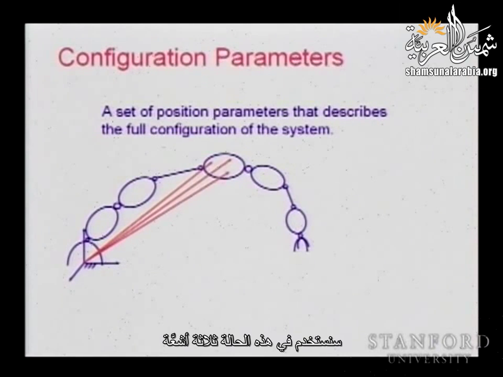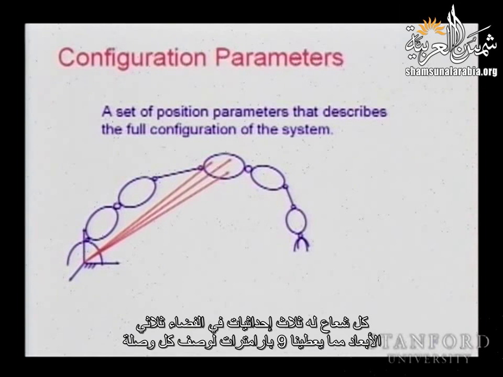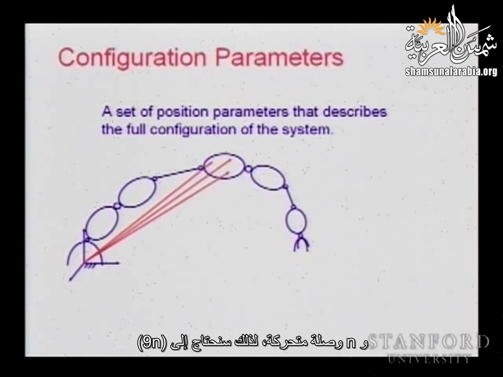Now we are going to use, in that case, 3 vectors. Each vector has 3 parameters in 3D. So we have 9 parameters to describe each link, and we have n moving links, so we will need 9n, a lot of parameters.